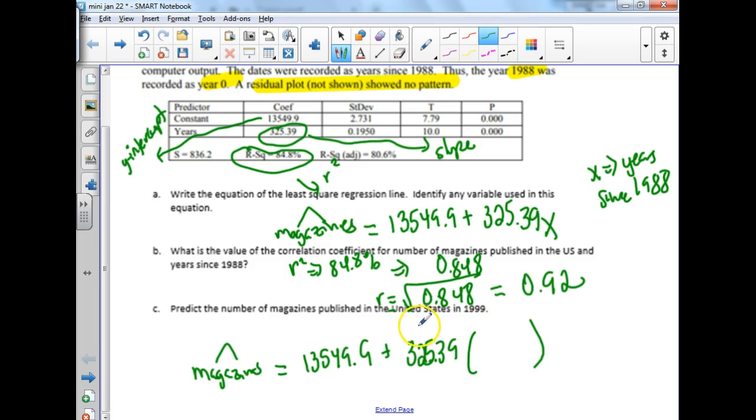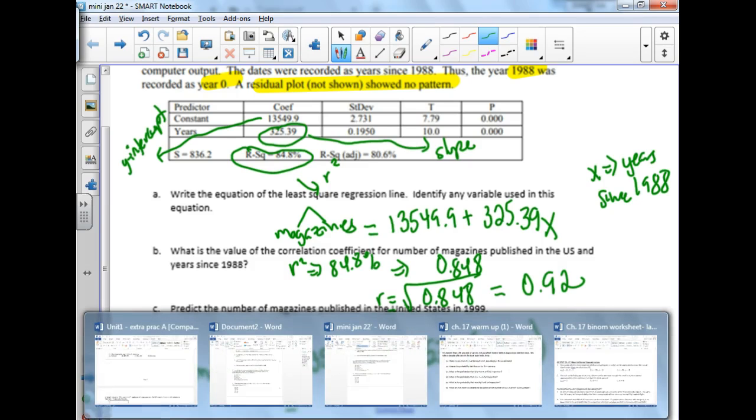Because x represents the years since 1988, and 1999 means that 11 years had passed by, we will simply substitute that in. I'll get my little handy calculator.